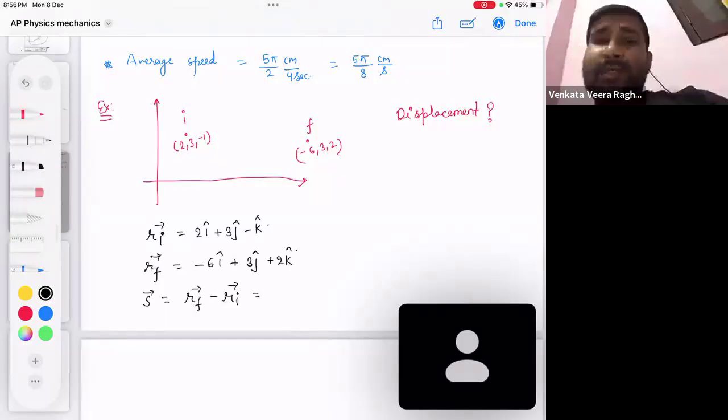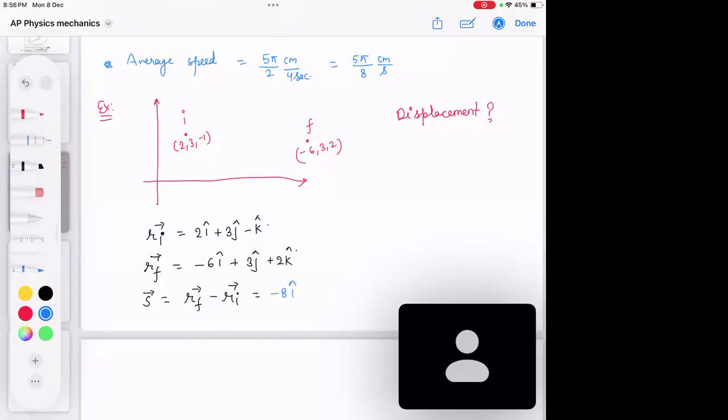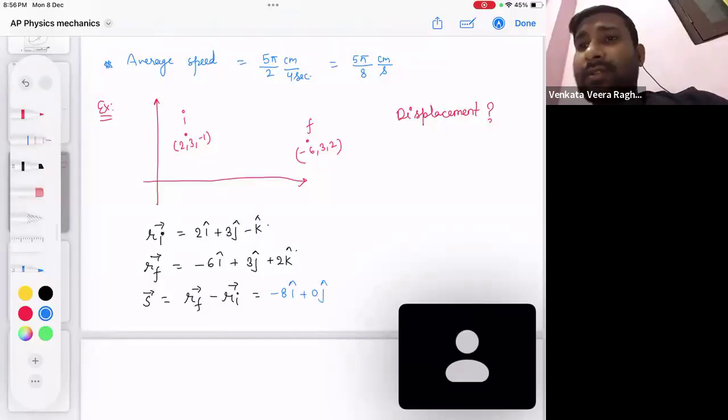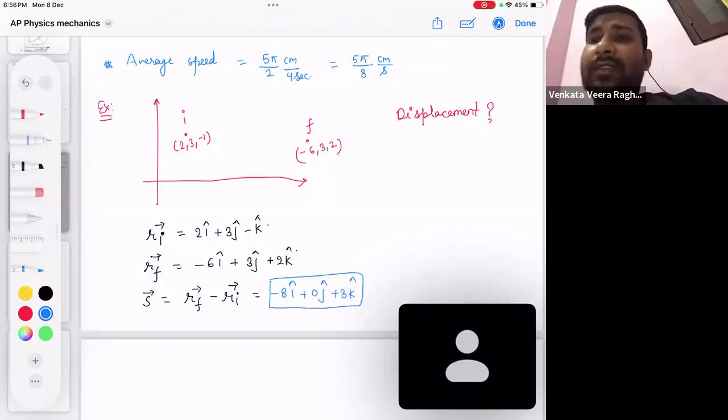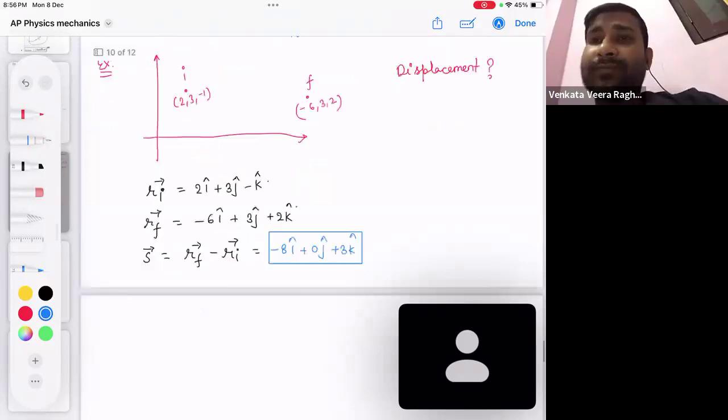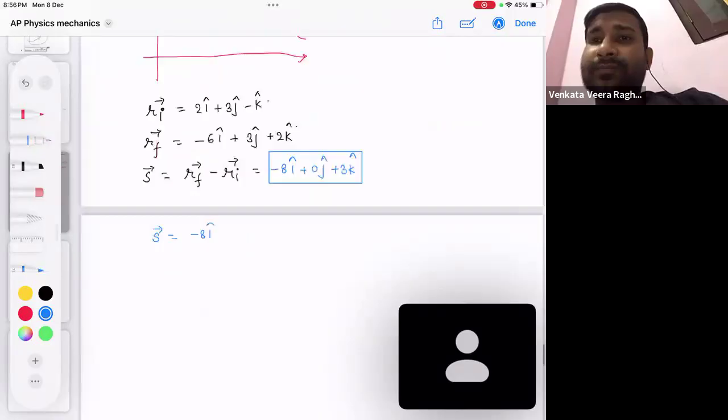If I subtract, I am getting minus 6 minus 2, minus 8 i cap, 3 minus 3, so 0 j cap, plus 2 minus of minus 1, so 3 k cap. So this is the displacement vector: minus 8 i cap plus 3 k cap.